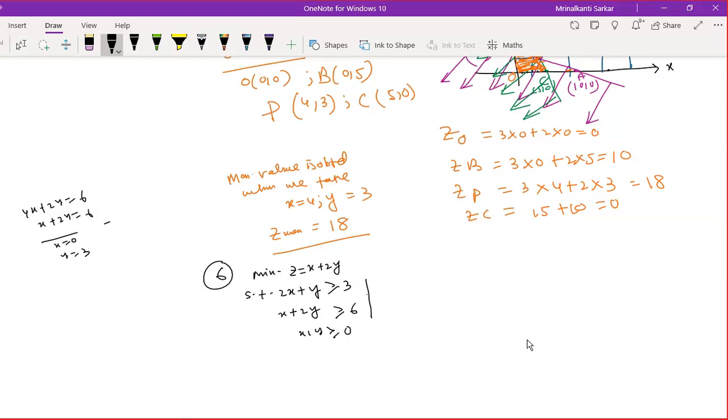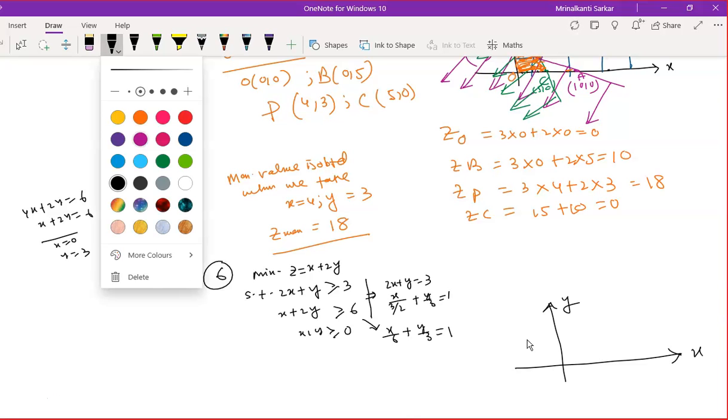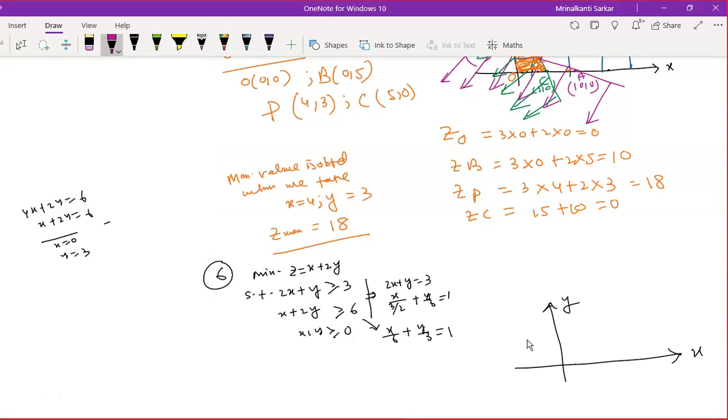First, you treat the given inequation as an equation only. 2x plus y equal to 3, so this implies x by 3 by 2 plus y by 3 equal to 1, and this is greater than or equal to. So for the first one, if you are plotting x by 3 by 2, suppose this is 1, 2, 3, 4, 5, 6.